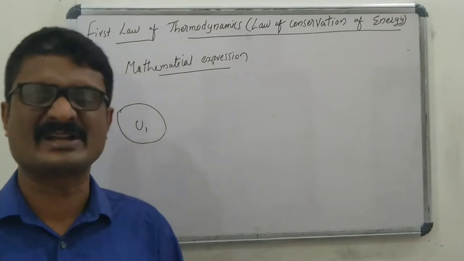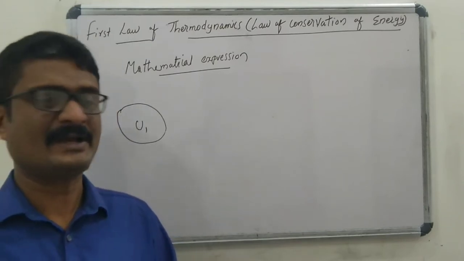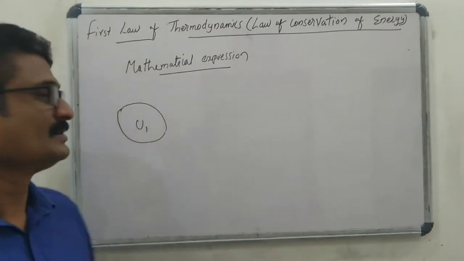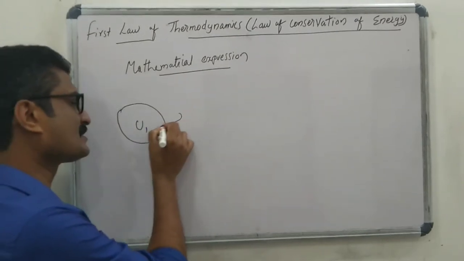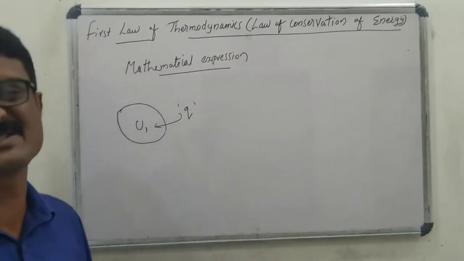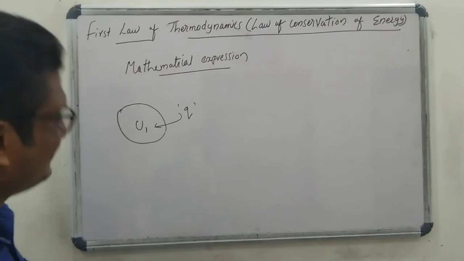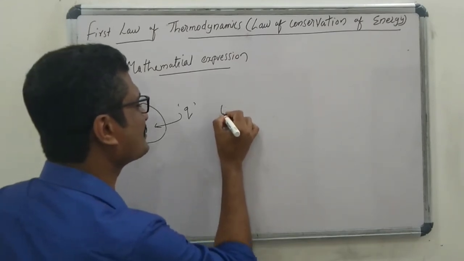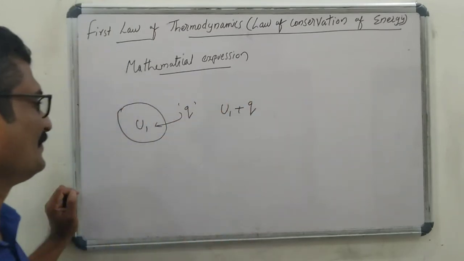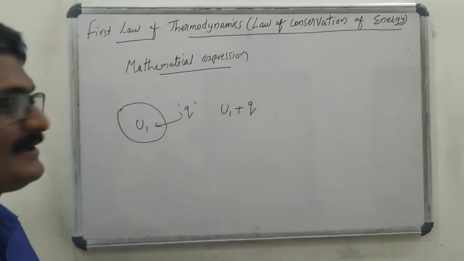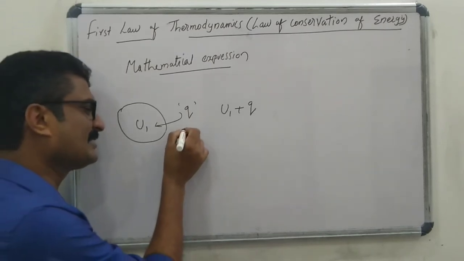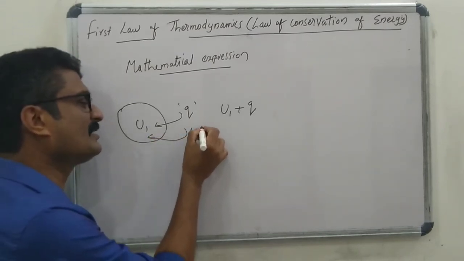The system undergoes a chemical reaction. Okay, then during this change, the system absorbs Q amount of heat from the surroundings. Then the internal energy of the system is raised to U1 plus Q. Okay. Then next, W is the work done on the system.